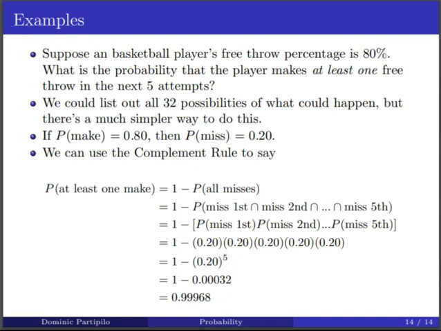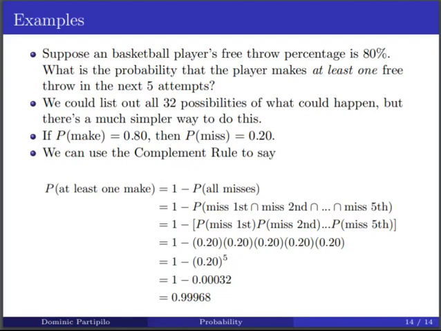So what does it mean to miss all the baskets? That means that the player missed the first basket and missed the second basket and missed the third basket all the way up to the fifth basket. And we can use the intersection symbol to say that. And the other thing we can make note of here is that each of these shot attempts are independent of each other.